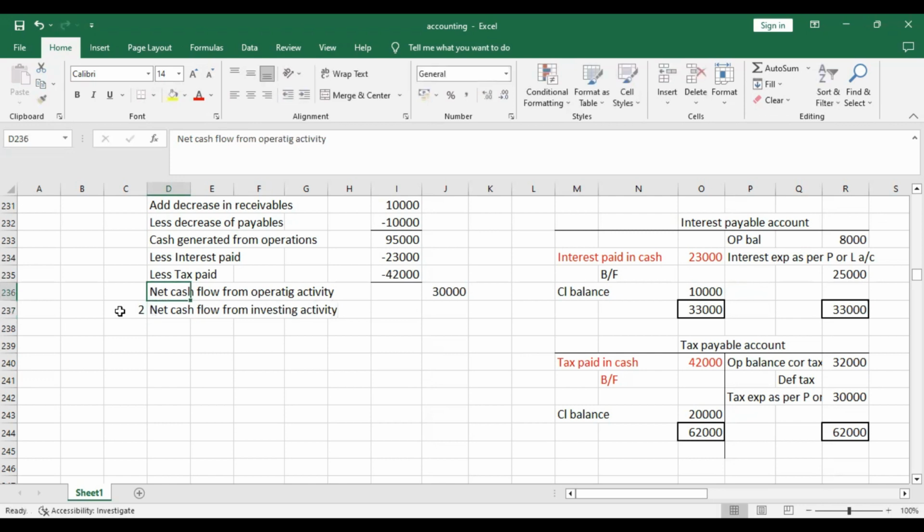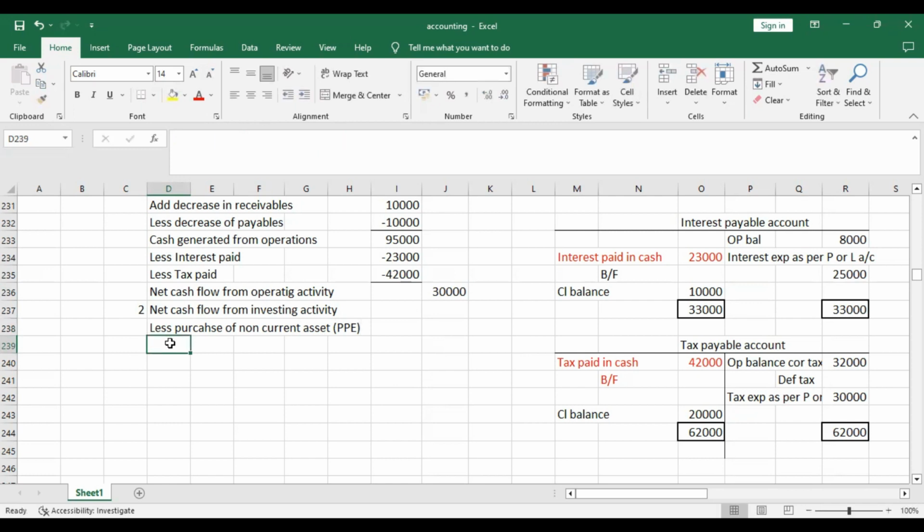What is the starting point for this? Always you write very simply: less purchase of non-current assets. That is PPE. Maybe PPE, maybe furniture, maybe property, anything. So that you need to identify.